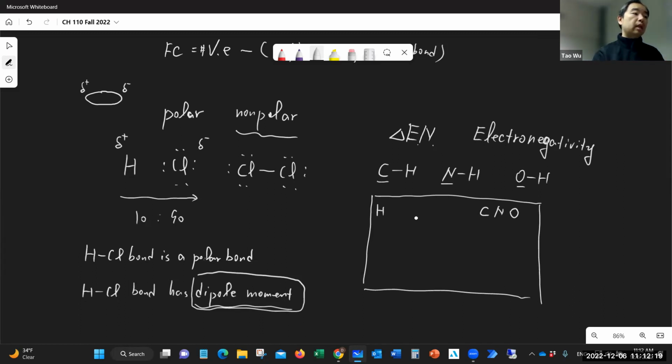Which one has the stronger polar bond, the most polar bond of those three? Well, you just need to look at the electronegativity difference. Hydrogen and carbon, the difference is over here. Hydrogen and nitrogen, the difference is over here.